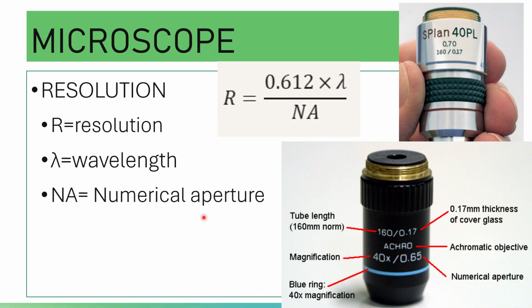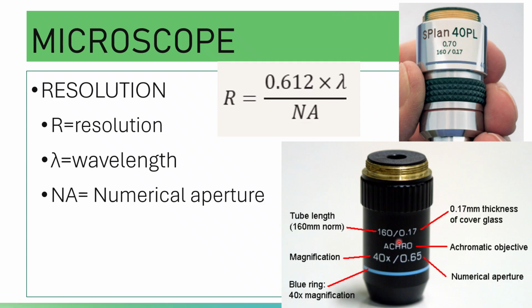And please note that a higher numerical aperture means higher or better resolution. Greater numerical aperture, greater resolution. And as for the wavelength, the shorter the wavelength, the better the resolution.